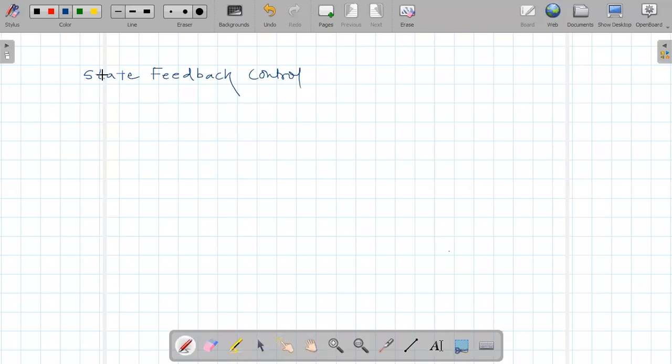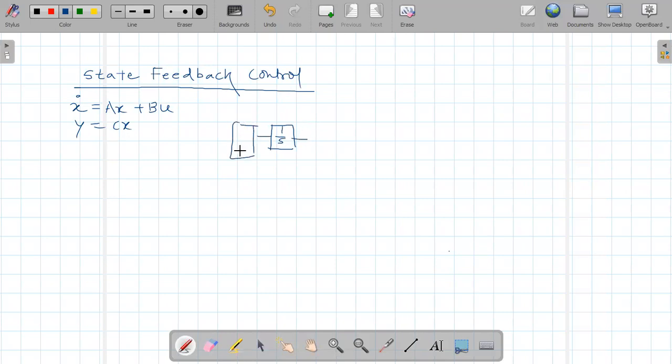So yesterday we were talking about state feedback control. State feedback control is designing the K for x dot is equal to Ax plus Bu, y is equal to Cx. If we represent this in the form of a block diagram, I can write it like this.